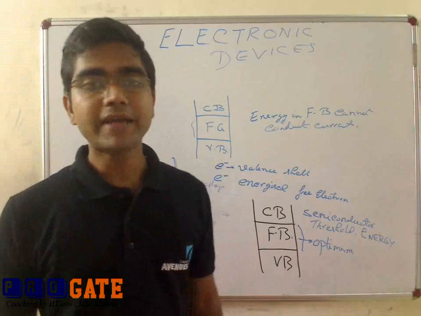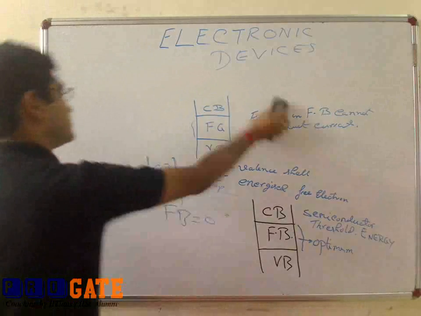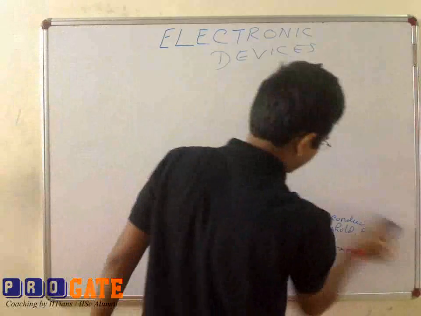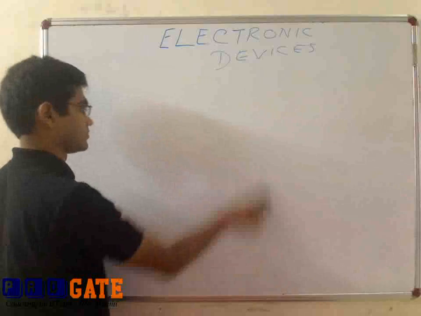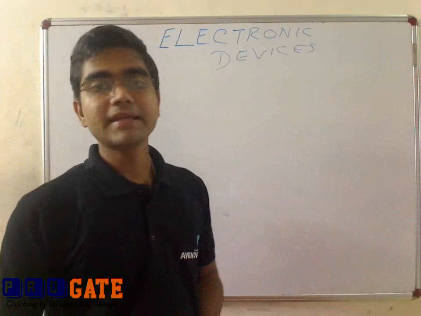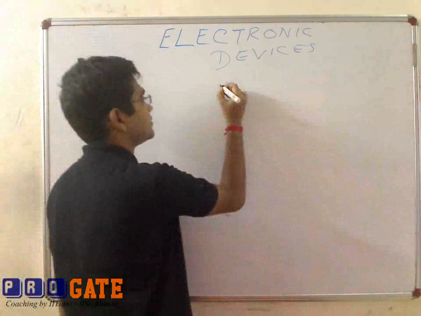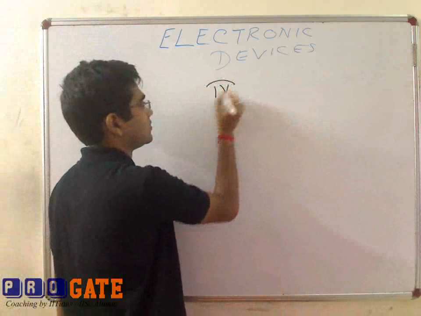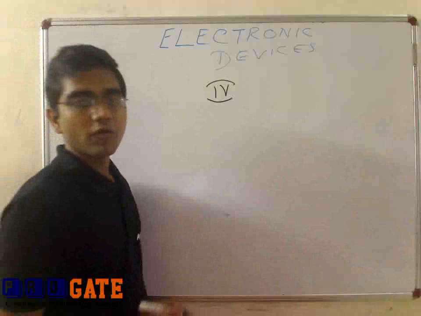Now let us go into the type of materials which we have as semiconductors. Semiconductor materials are generally of group 4. Now, why group 4?